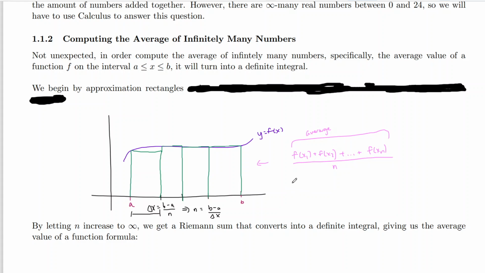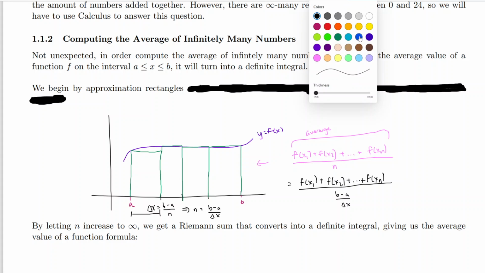So what we do is we take the average formula here for finitely many numbers, and we replace the n with our b minus a over delta x. So I'm going to go ahead and just write that down. So we're adding up our n values, and now we're dividing by, instead of n, b minus a over delta x.